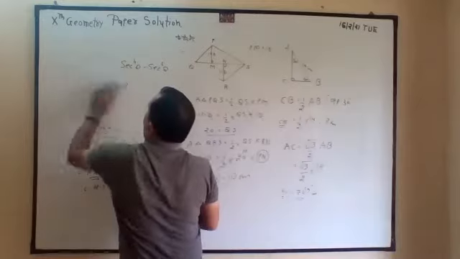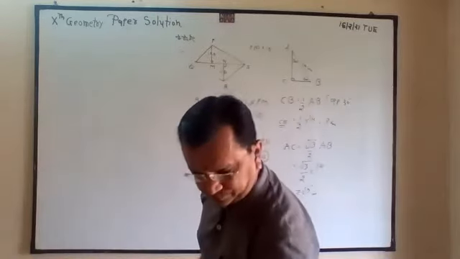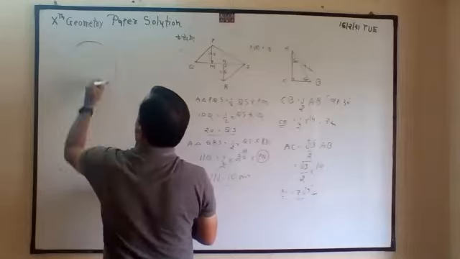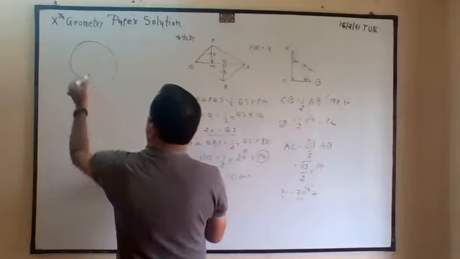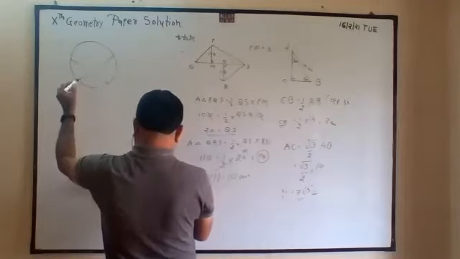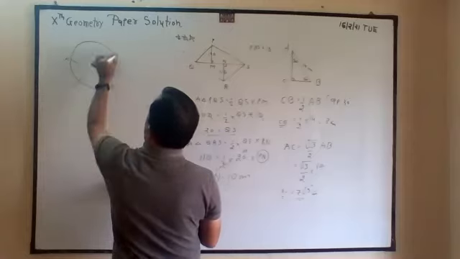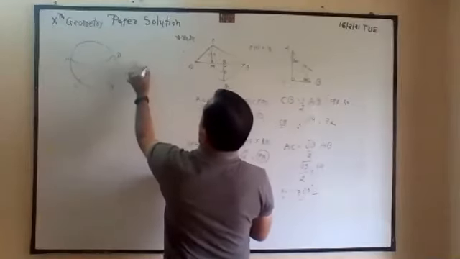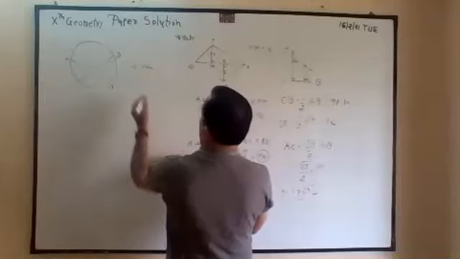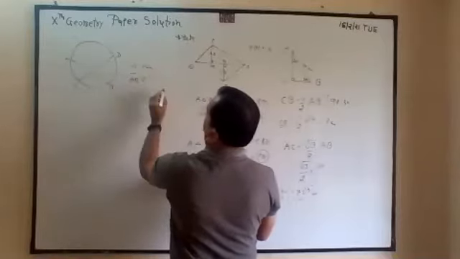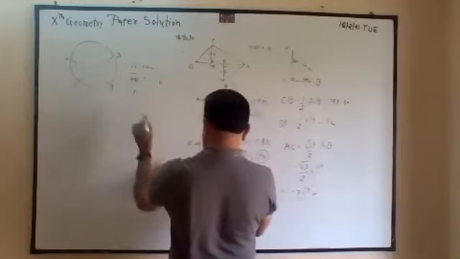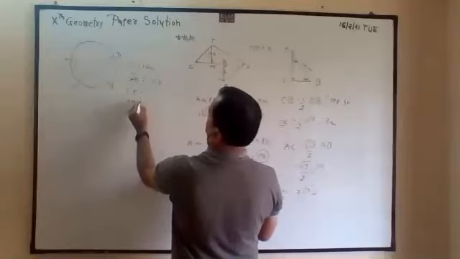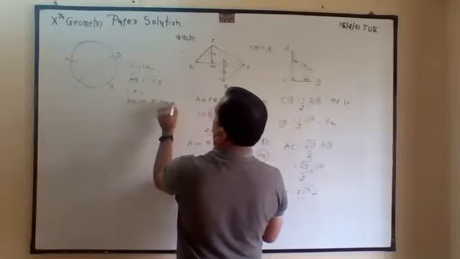Next question is also a very good question. Given segment AB congruent segment CD, to prove that major arc AC congruent arc BD.